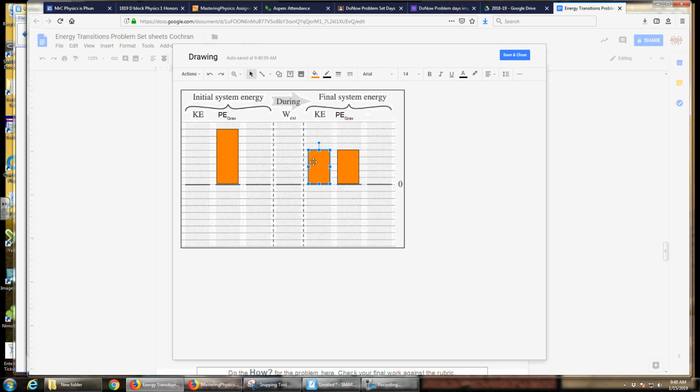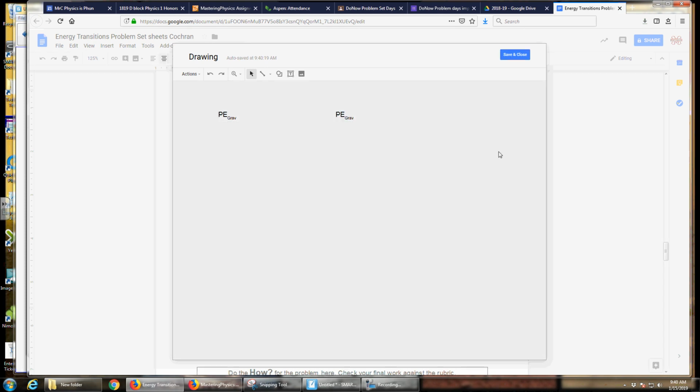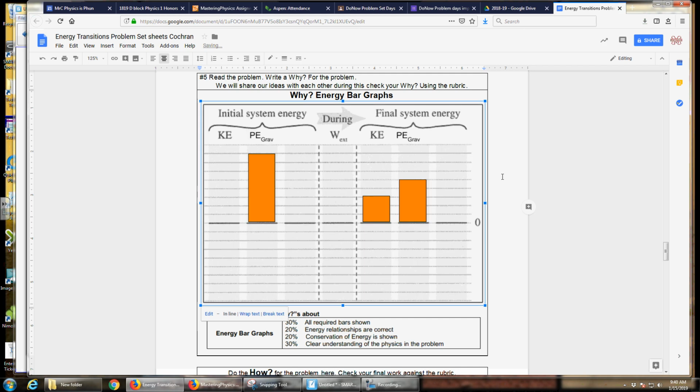And that PE grav that went away became kinetic energy, and no external work. So that's my why for 5. Do you match up with your why? Okay. Almost.